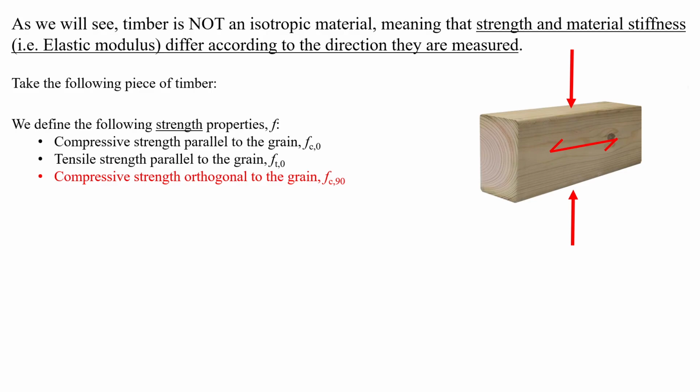We will be checking the compressive strength orthogonal to grain, or perpendicular to grain, so that's now changed to fc,90. Again, we won't be doing that in the lab downstairs.